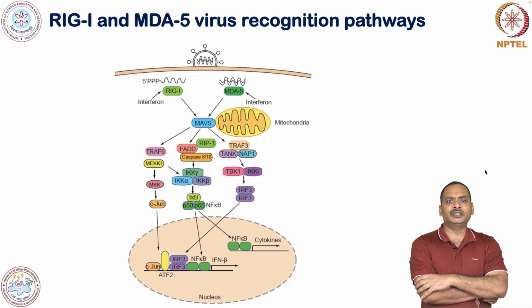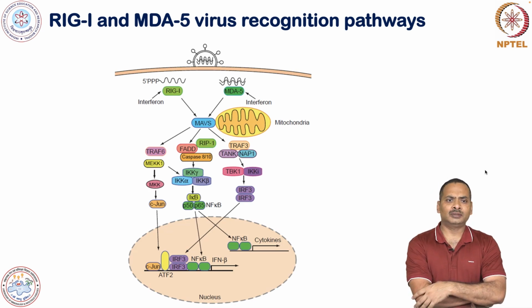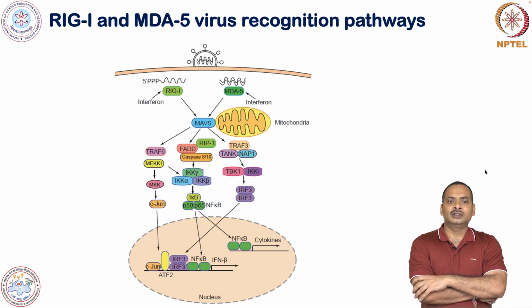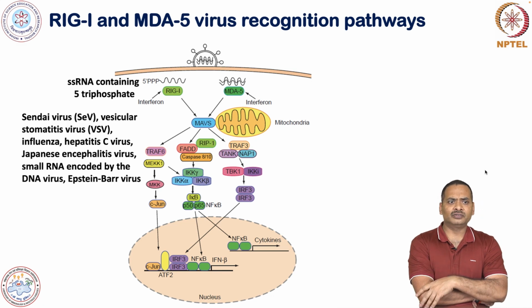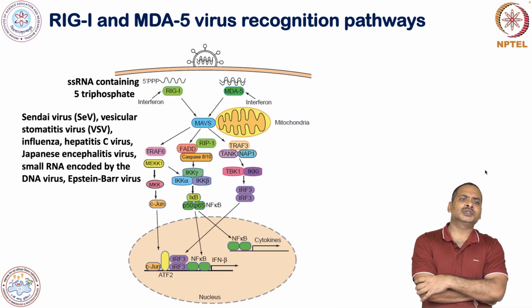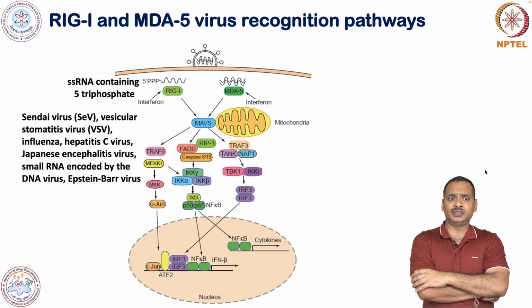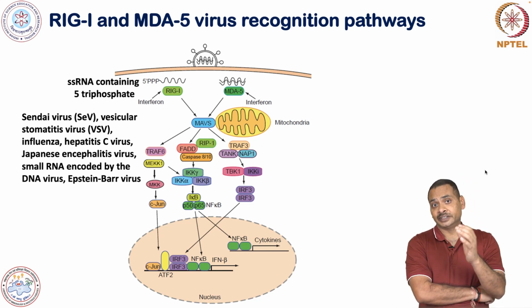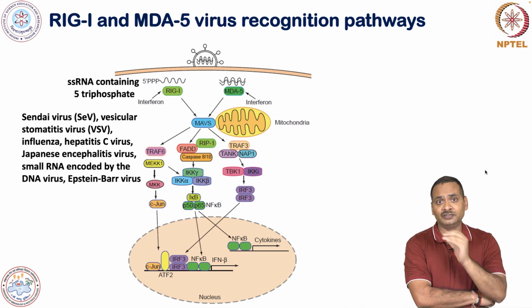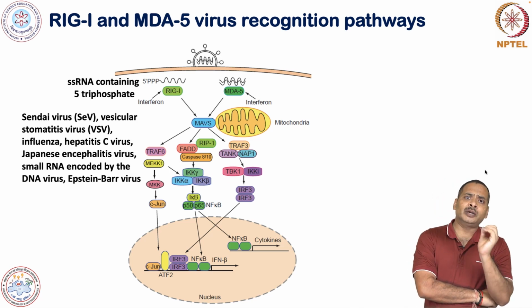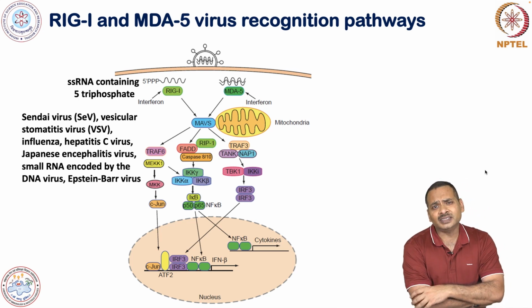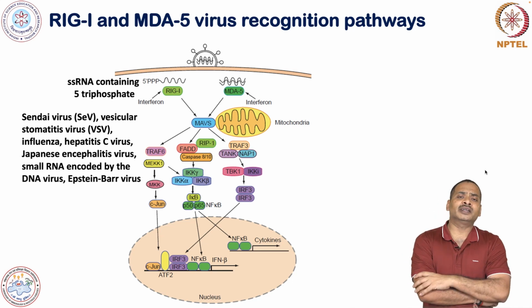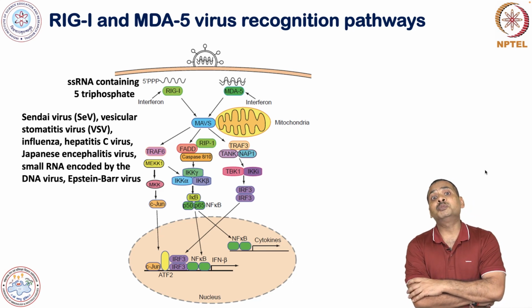So, here is this RLR pathway, I am just showing you again. RIG-I basically senses 5' triphosphate, as you are very well aware. Here is some new information: besides Sendai and VSV, they can sense the influenza virus, hepatitis C virus, Japanese encephalitis virus, and they can also sense the small RNA encoded by DNA viruses such as Epstein-Barr virus.